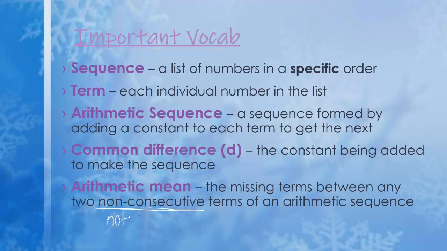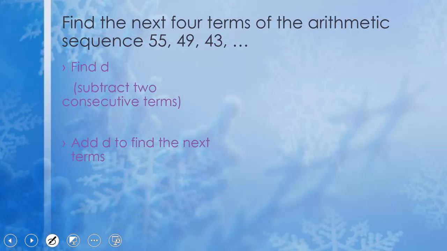So for example, let's say I have a sequence that is 1, 2, and then I'm missing some pieces here. 2 and 5 are non-consecutive because they're not in order there. If I'm adding plus 1 each time, I'm missing a couple of terms, okay? The arithmetic mean would be, what are these values? And that's what we can find.